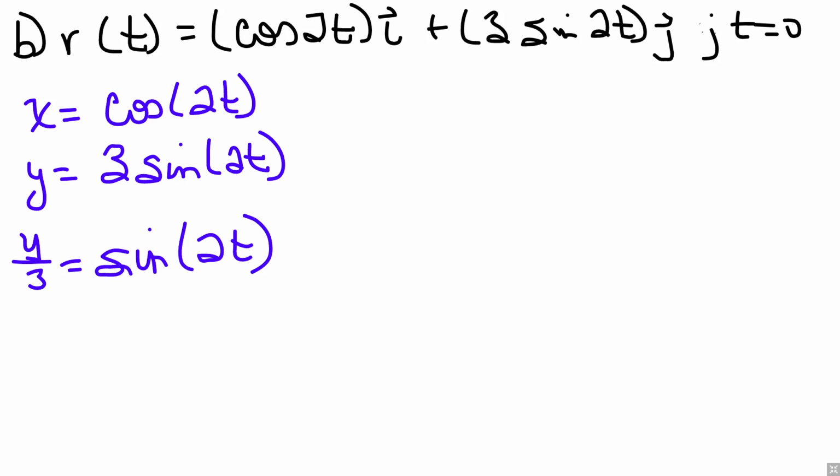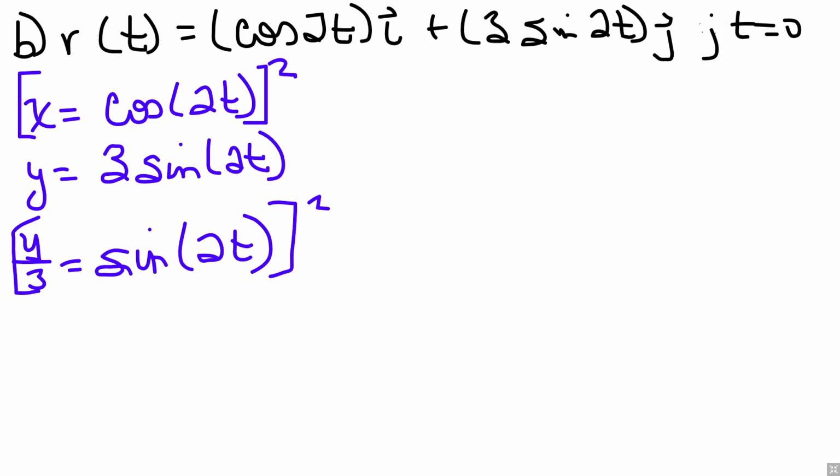Would it be cosine squared plus sine squared equals 1? Right. So we're going to use a Pythagorean identity. If we look at this, it's not quite in the form that we can use the Pythagorean identity, but I can make it so easily by squaring both sides.